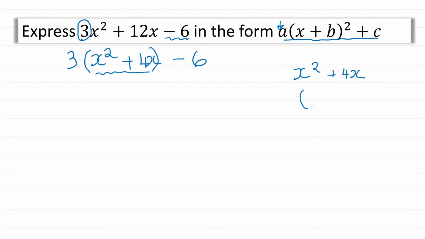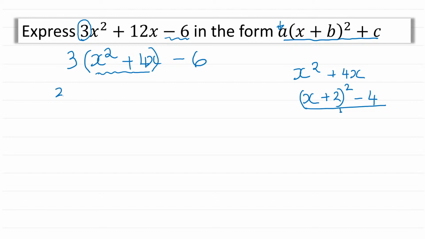We're going to have our bracket, and then we're going to have our x squared there, and then a minus. This needs to be halved, and there's a plus there, so that's going to be 2, and then minus this number squared, so 2 squared is 4. Okay, so if you complete the square on this part, you will get this part. Now I'm going to put this part back in here.